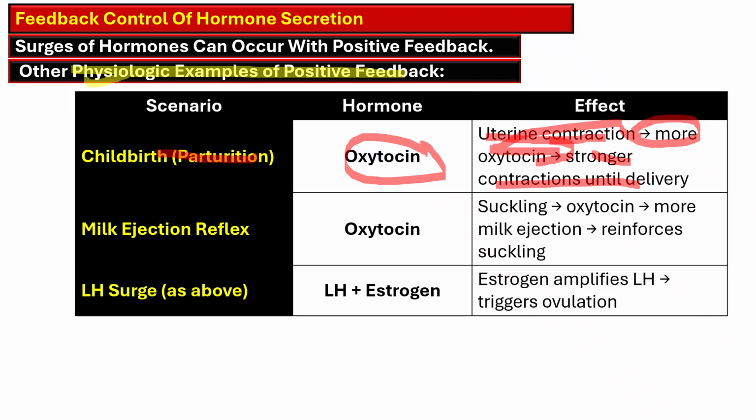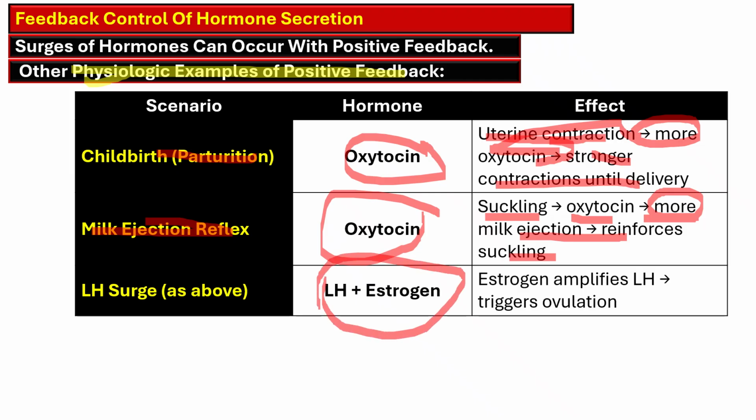Another example is the milk ejection reflex. In this, oxytocin is involved, where suckling releases oxytocin, and that is responsible for more milk ejection, and this reinforces suckling. The LH surge we have discussed already.